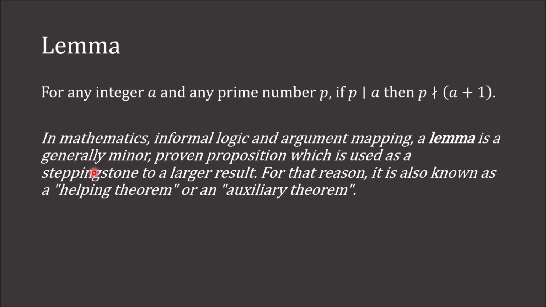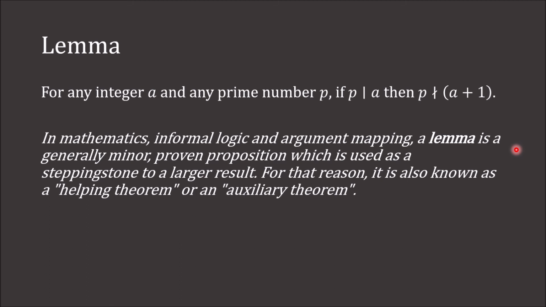Now in mathematics, a lemma is a generally minor proven proposition which is used as a stepping stone to a larger result. For that reason, it is also known as a helping theorem or an auxiliary theorem. So a lemma is typically a proposition that we need to prove another result.